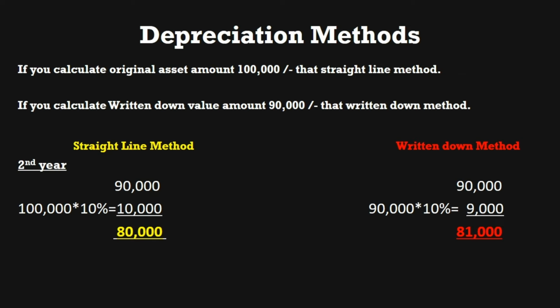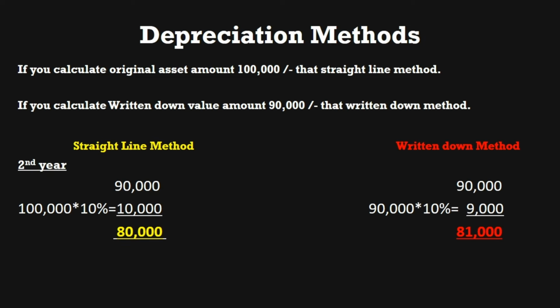So you have to calculate depreciation on the original cost of the asset: 1 lakh into 10% equals 10,000. You minus this and get 80,000. In the third year, the same 10,000 will come, so the balance will be 70,000. You can see the third year.